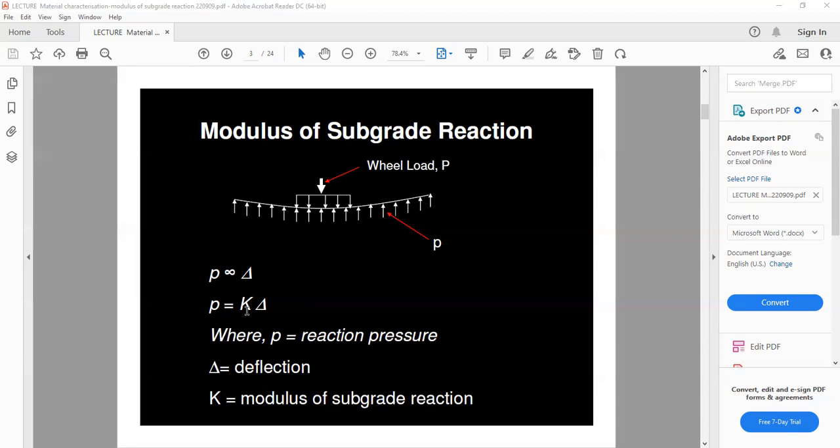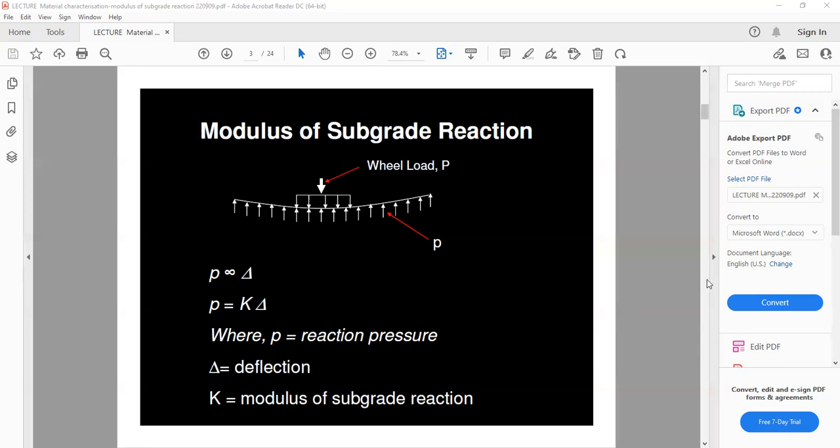We want to know how much deflection is caused by each passing load. So it is better and logical to write the unit of modulus of subgrade reaction in terms of kilonewton per meter square per millimeter, or maybe pound per square inch per inch. Let's move on.